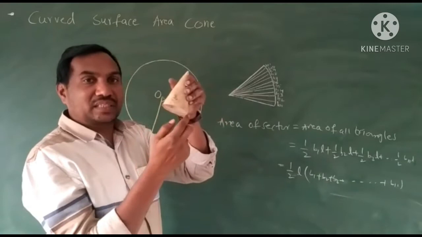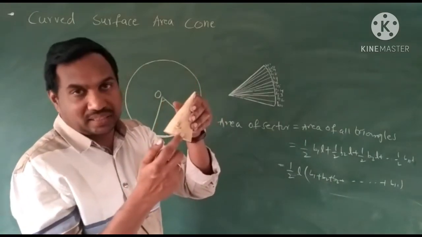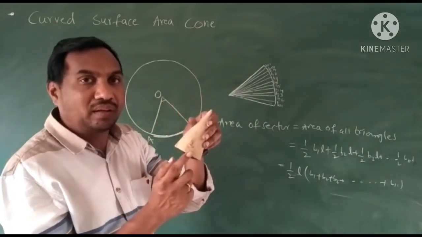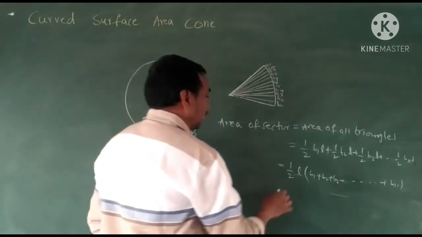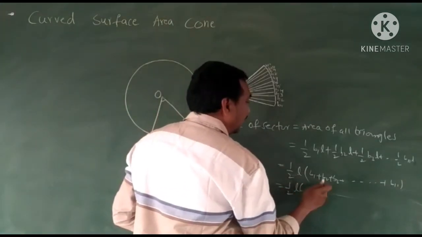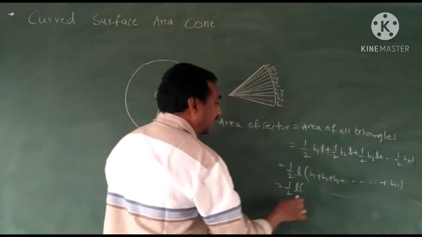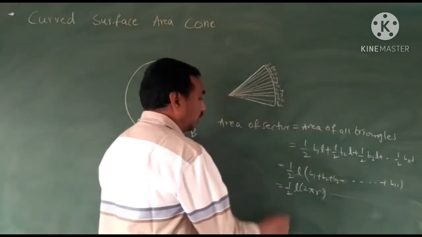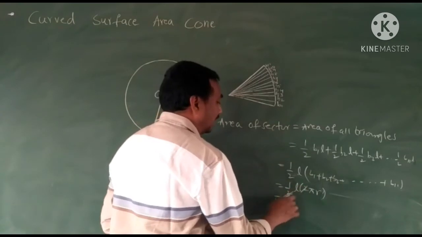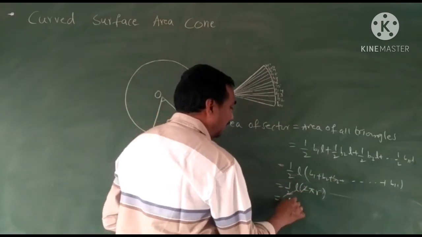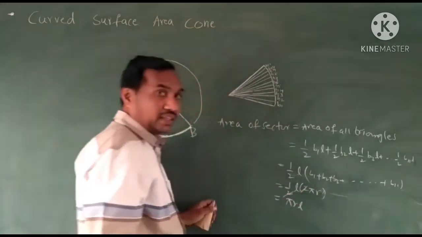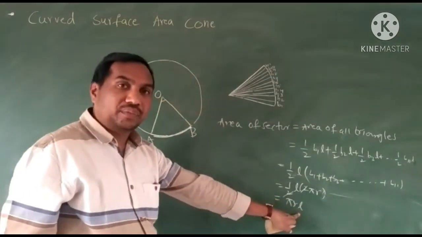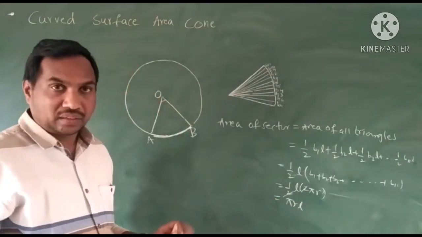So what is the length of the circle? It is the perimeter of the circle, 2 pi r. In place of the sum of these bases, I can take 2 pi r. Now half and 2 cancel, so we get L into pi r, pi r L. That is pi r L, the curved surface area of the cone.